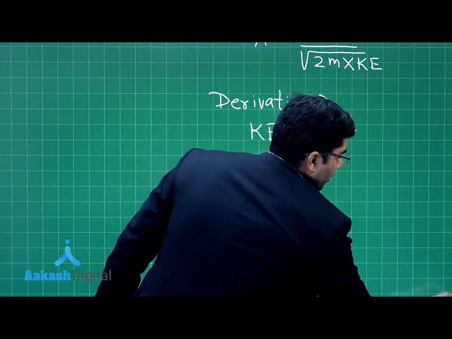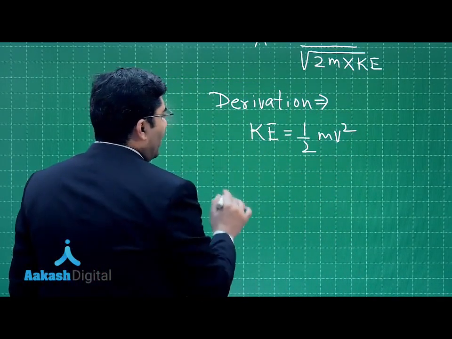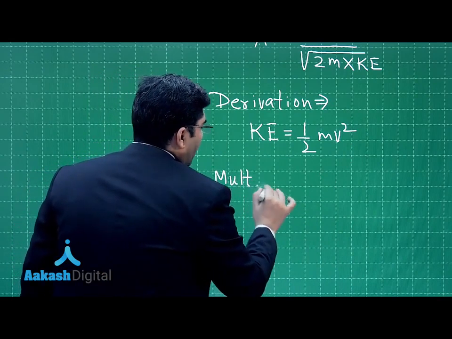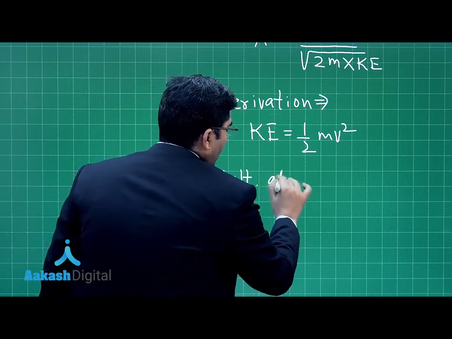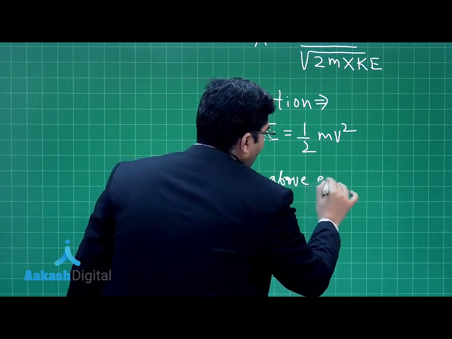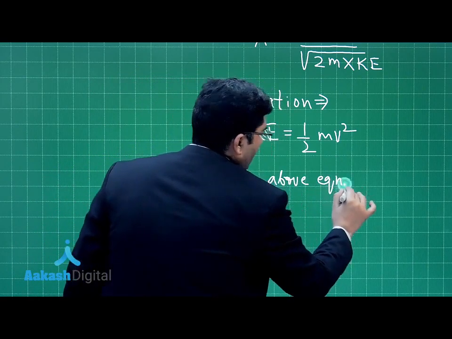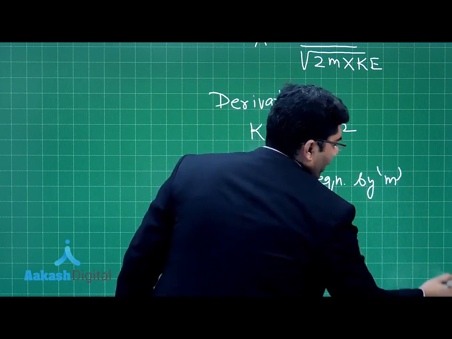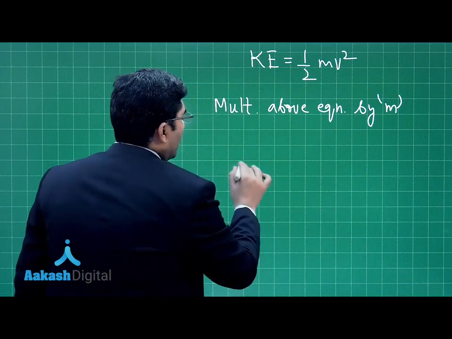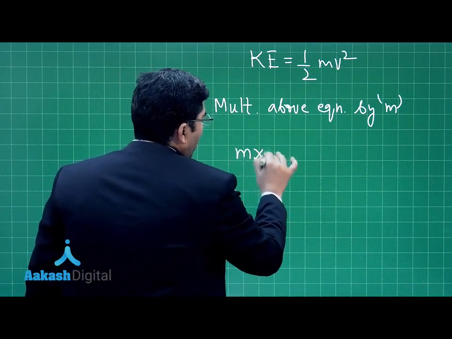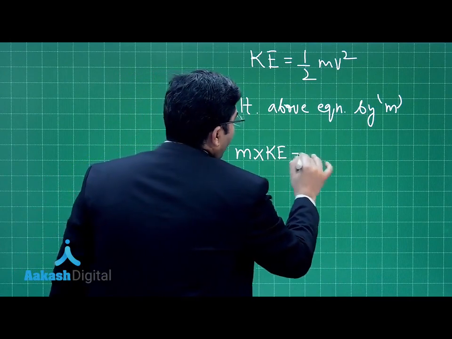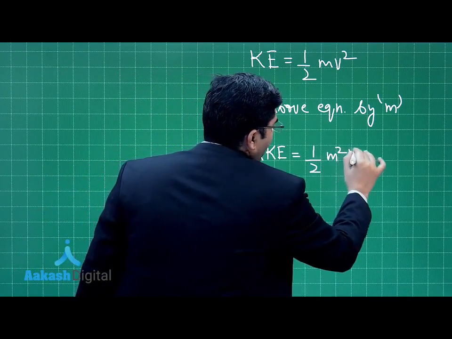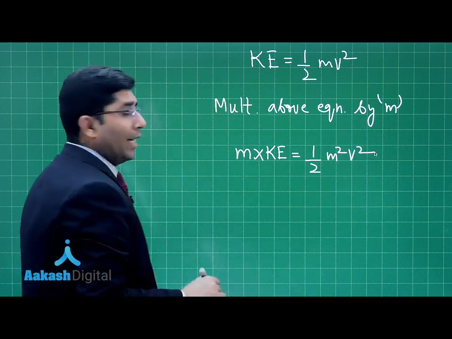And let us multiply this by m. Multiply the above equation by m. What we will get? We will get m into Ke, that is equal to half m square v square, right?